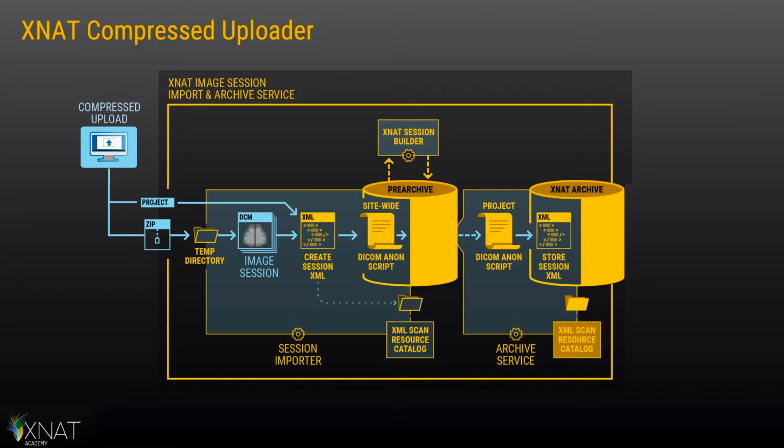But first, XNAT compares your session against the other sessions in the archive, looking to see if another session with identical identifiers already exists. And if so, it'll try to merge your upload with the existing session. In doing so, your original scan files will either be overwritten or added onto. Each project can set its own preference in terms of handling merged scan files.